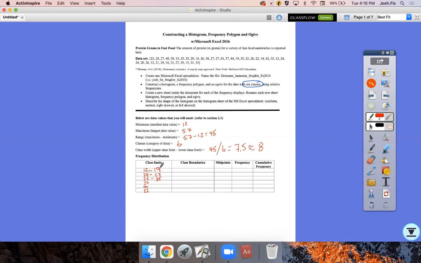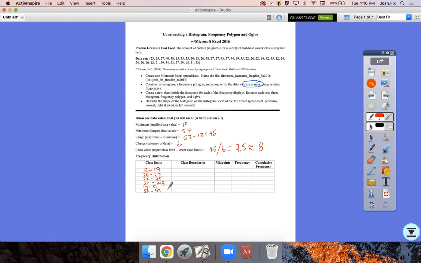It's not the width, but the distance between the lower and the upper limit. Let's keep doing that: 7 onto that would be 43, and that would be 51, and then that would be 59.